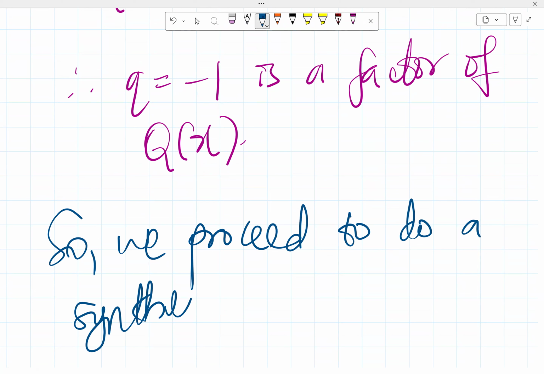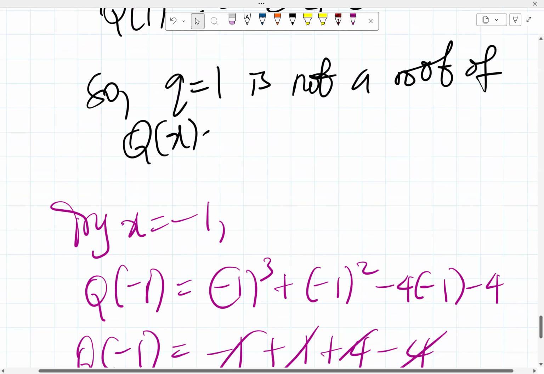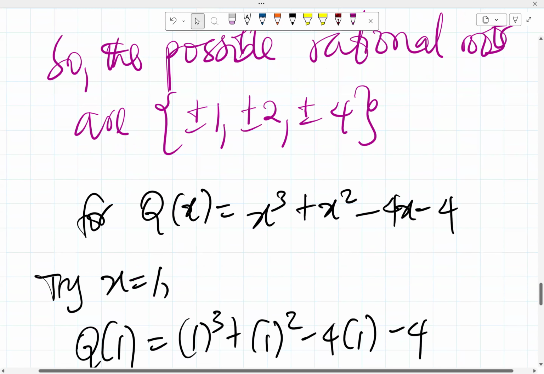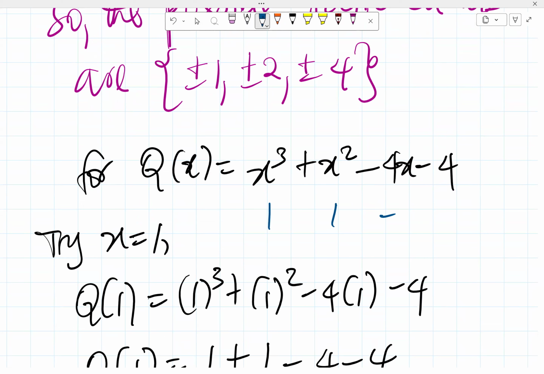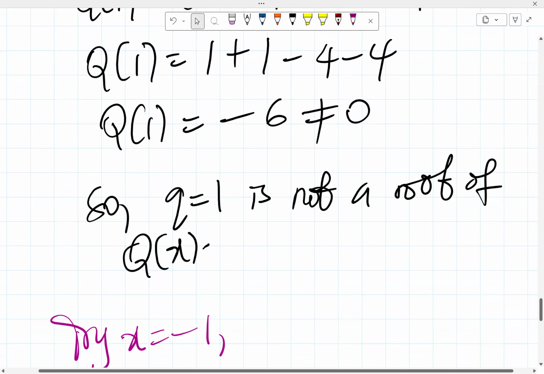Again, we go the same procedure. Thankfully we know the coefficients. Everything is complete: x cubed, x squared, x, so that's 3, 2, 1, 0. So the coefficients are 1, 1, minus 4, minus 4. That's what we are going to need for the synthetic division.